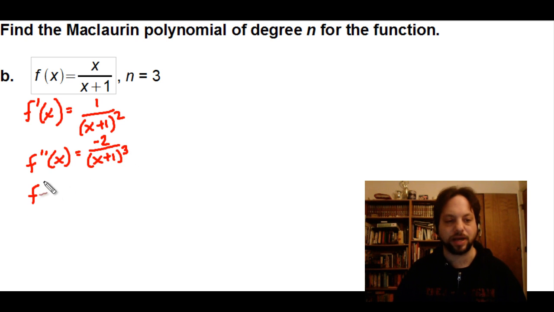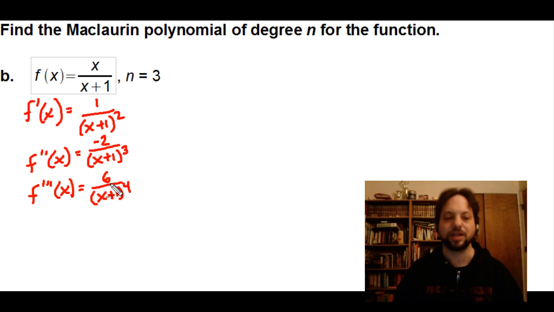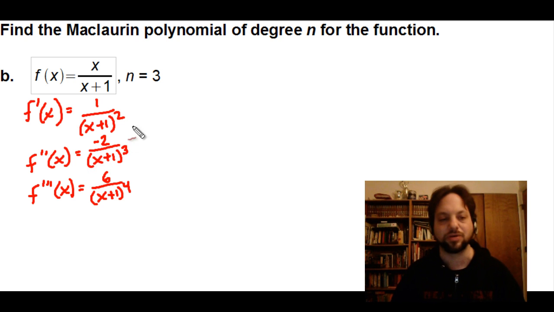And finally, for my third derivative, which is as high as I'm going to go for this problem, since it's only looking for a third degree Maclaurin polynomial, I get 6 over (x plus 1) to the fourth. Again, you can verify that yourself, but I have found that to be true, so hopefully it is correct. Let's go ahead and find the value of each of these derivatives at 0.